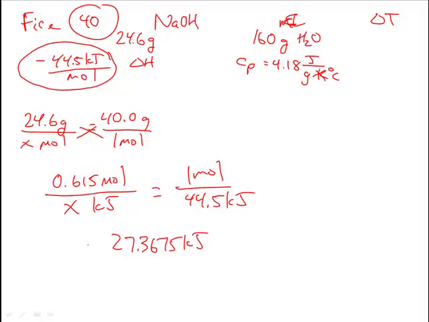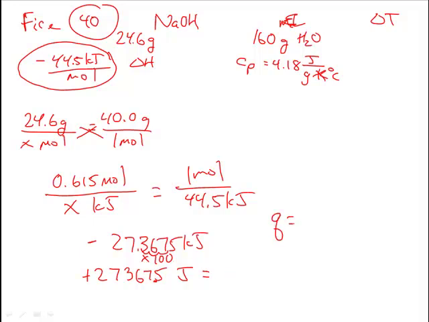Now, this is the amount of heat that is given off by the solid. So that means it's being absorbed by the solution. So positive 27.3675. If you multiply this by 1,000, 3 places over, this gives you the amount of joules that are going into the solution.